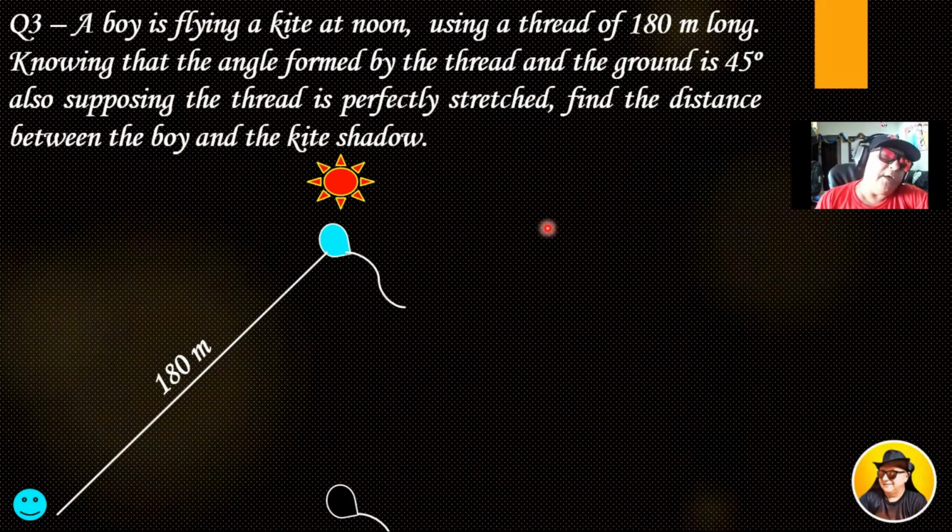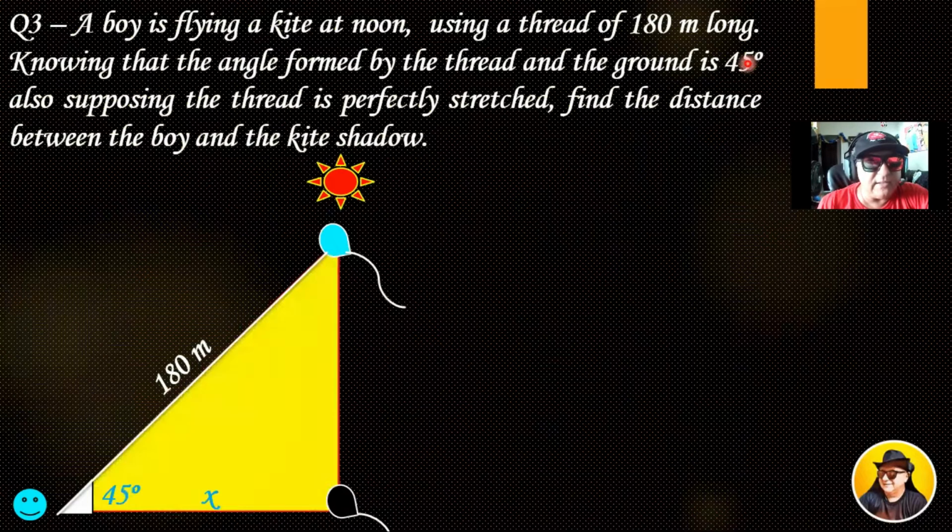There are some more things to be understood. So 108 meters is the thread. The angle is 45 degrees. It says here the angle formed by the thread and the ground is 45 degrees. So they want to know the distance between the boy and the kite shadow, like this. Pay attention.